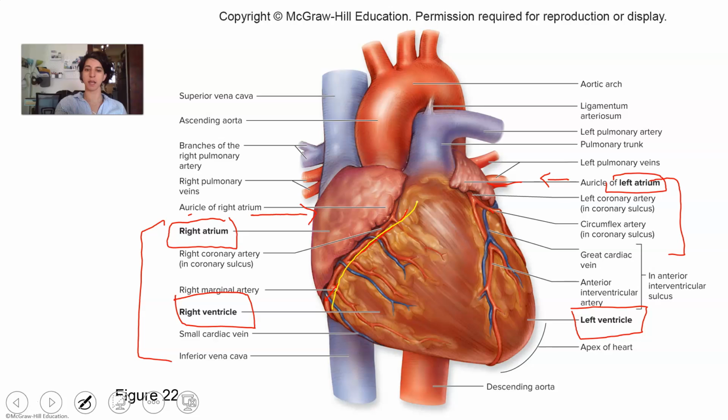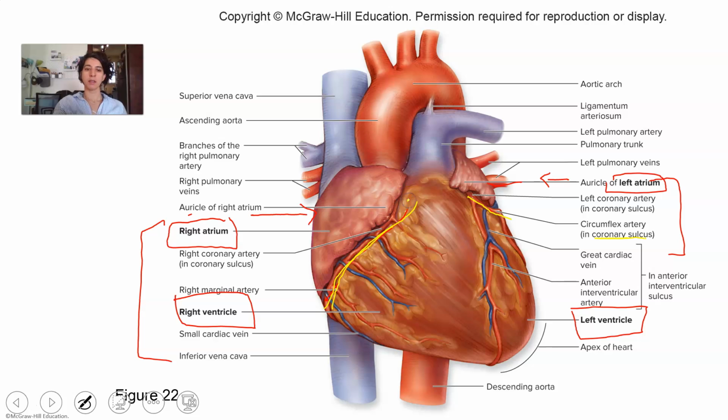So what it does is it actually wraps around the entire circumference of the heart. You can see the left side of it right here. So the coronary sulcus wraps itself around the heart, and that is our landmark for separating the atria from the ventricles. So right now we're just looking at external anatomy.